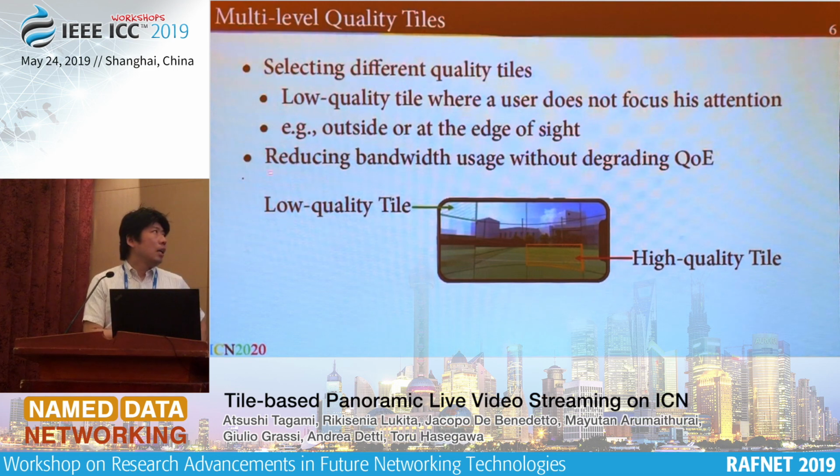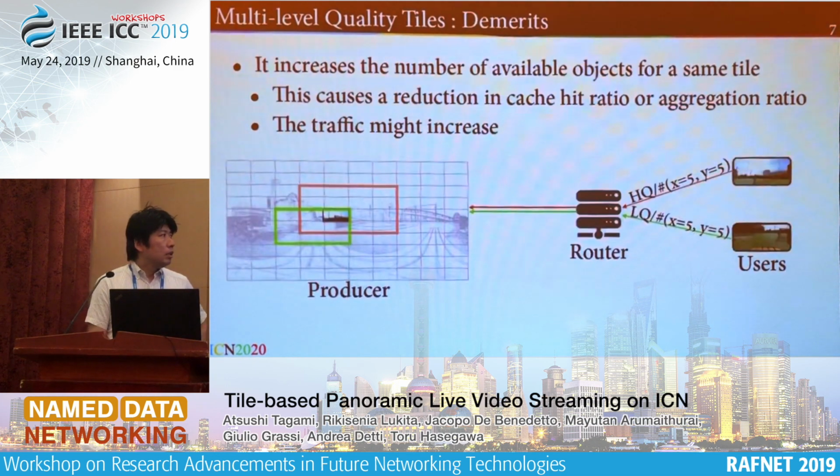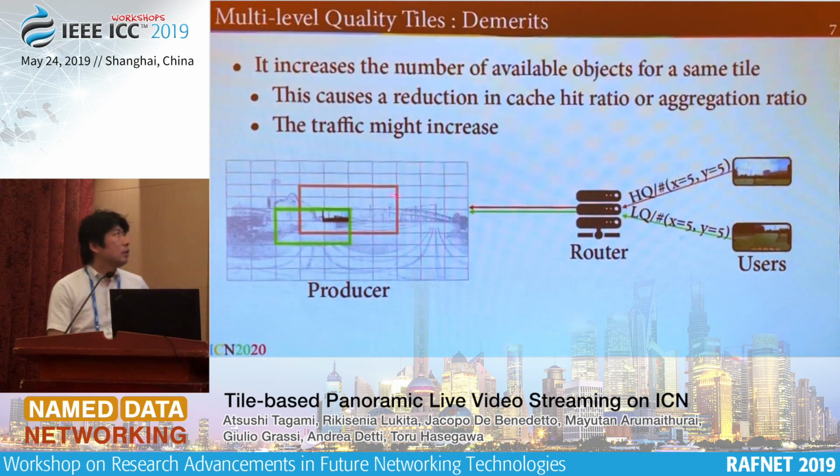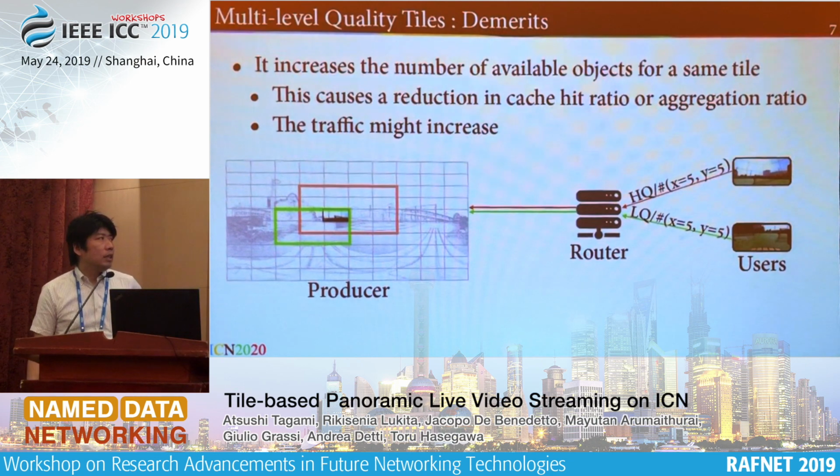And then we can reduce bandwidth without degrading QoE. So on ICN, we can decrease the access network traffic. But that leads to some demerit.